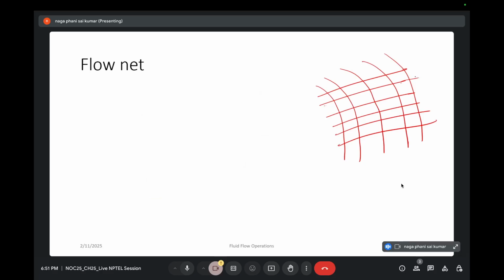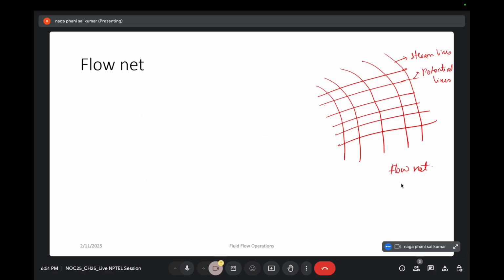As we just discussed, potential lines will be perpendicular to the streamlines, right? So they are perpendicular, as you can see. These are streamlines, and these are potential lines. So this graphical representation is nothing but a flow net.